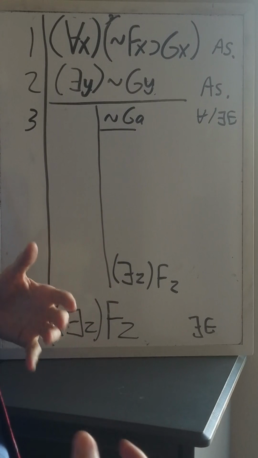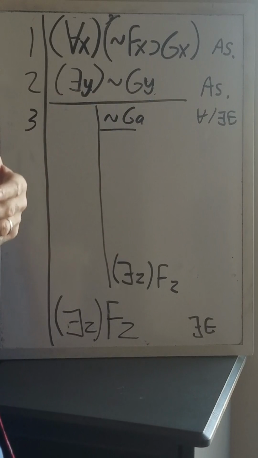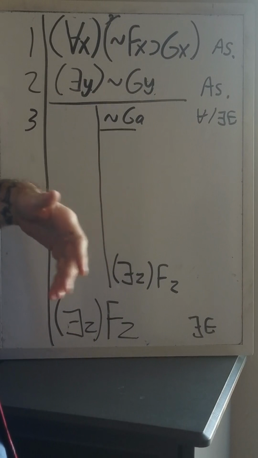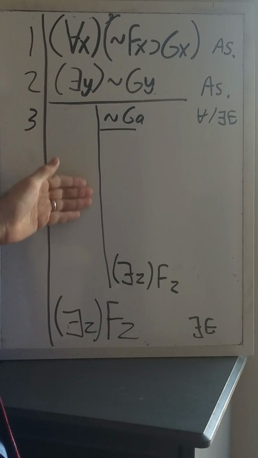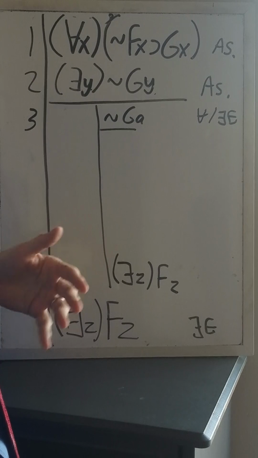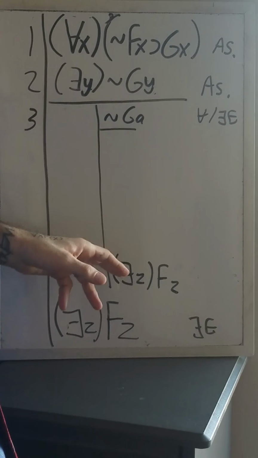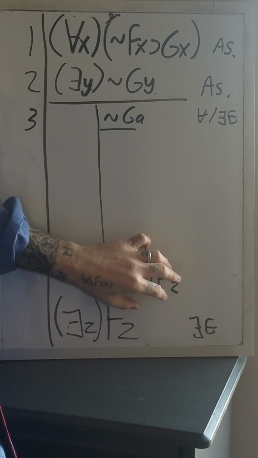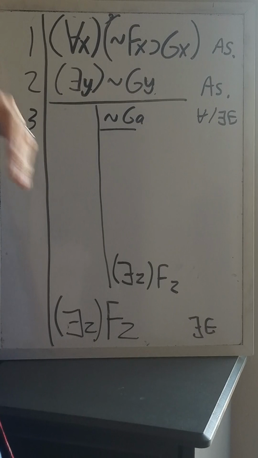What this reflects is a pattern of reasoning where we're like, hey, we know that something is not G. Let's just give that thing a name. Let's call it A or something. And we'll use that label while we reason about it. And then at some point, if we can drop that label, showing that the label is not critical to the conclusion that we arrive at here, we can pull that conclusion out, okay?